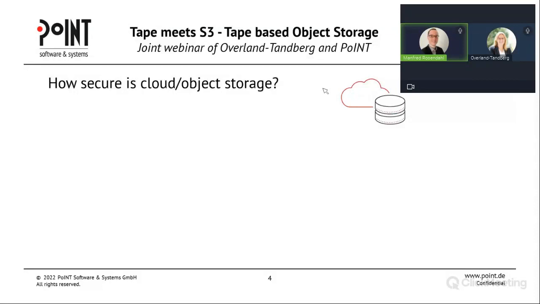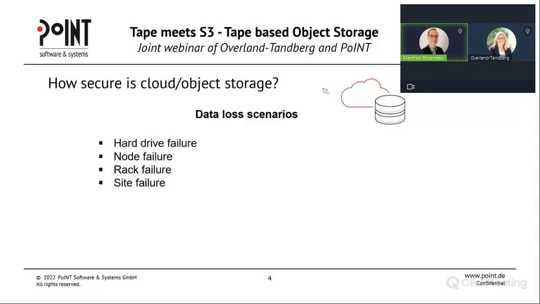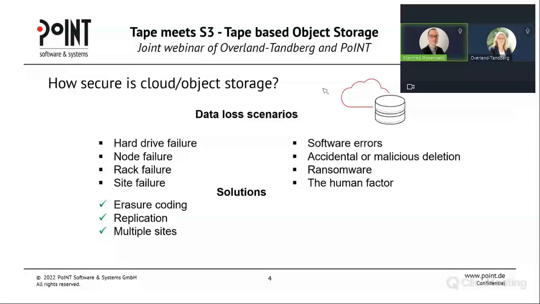On the one hand, there are hardware-related data loss scenarios like disk failures, node failures, or even site failures. All these failures can be covered by erasure coding or replication to different sites. But on the other hand, there could be software errors, malicious deletion, or ransomware.